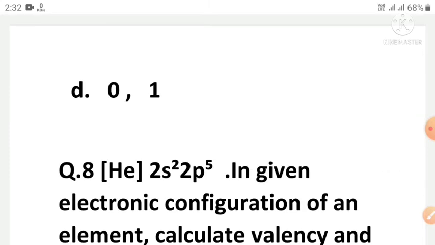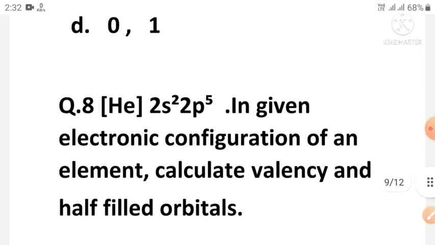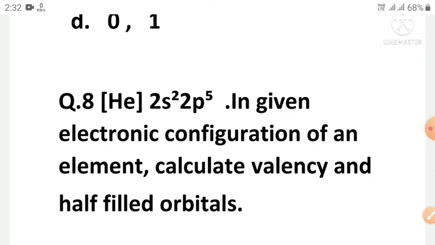Now see question number 8. 2:2p5. We know that here the short electronic configuration of an element is given. In this given electronic configuration, we have to calculate valency and half filled orbitals.